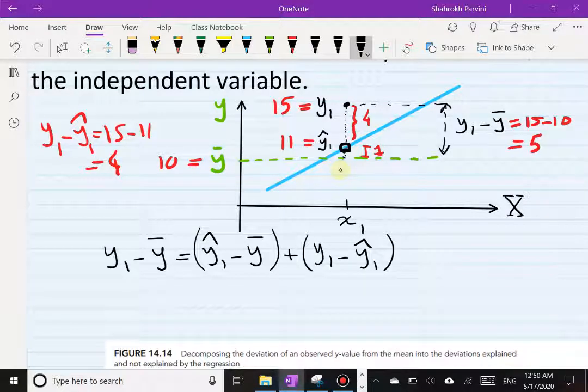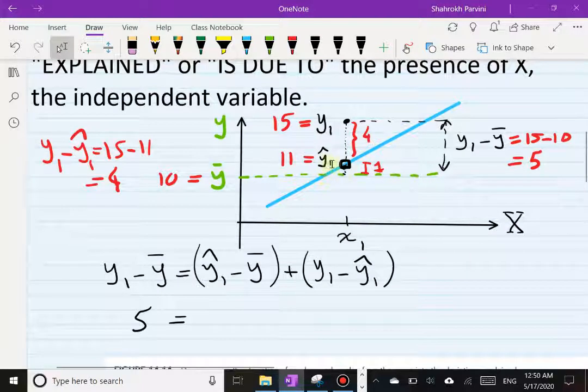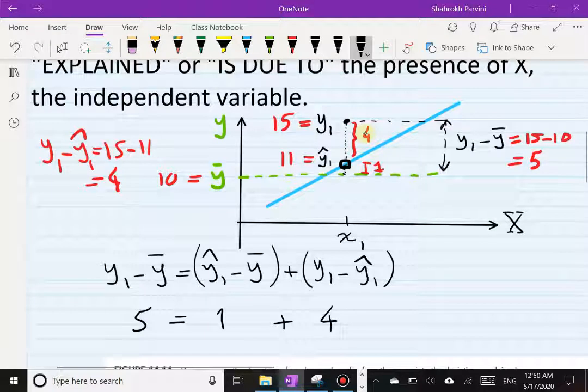Now if you put the numbers through this, 5 is equal to y hat 1 minus y bar, which is this 1 unit here, plus y1 minus y hat 1, which is the 4 units up here. You see how it works? 5 is equal to 1 plus 4.